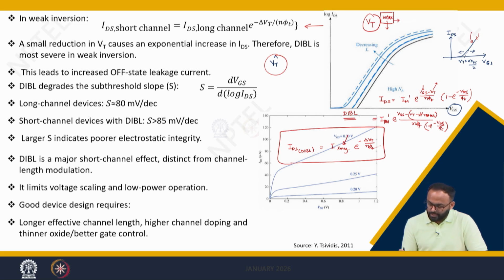Now, how is it affecting the characteristic in weak inversion? When you increase the DIBL effect by reducing the channel length, there will be a shift in the x axis because of the reduction in threshold voltage.